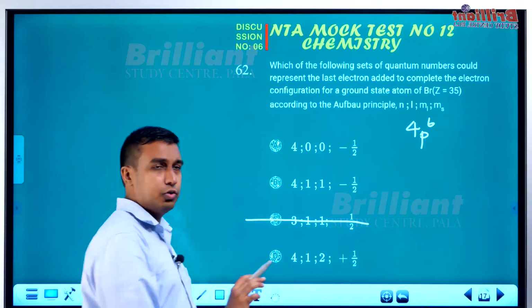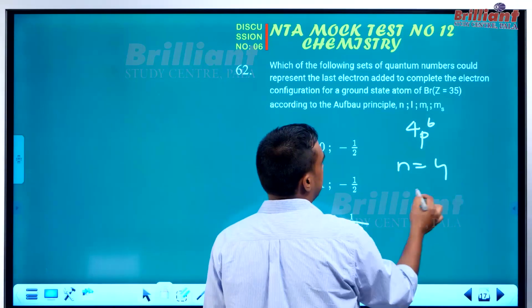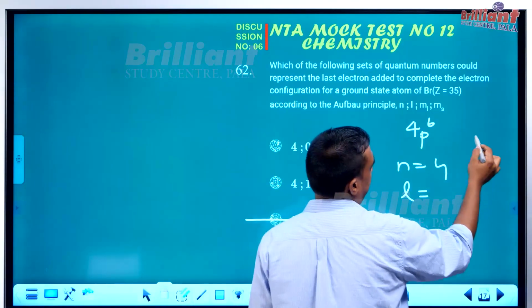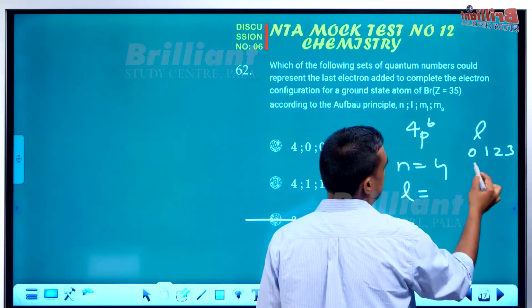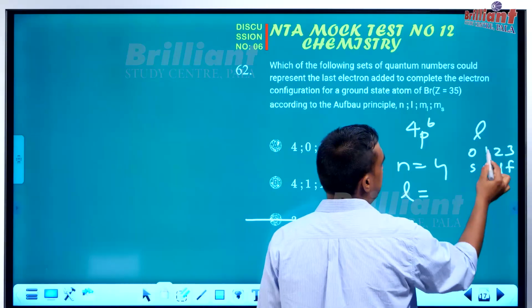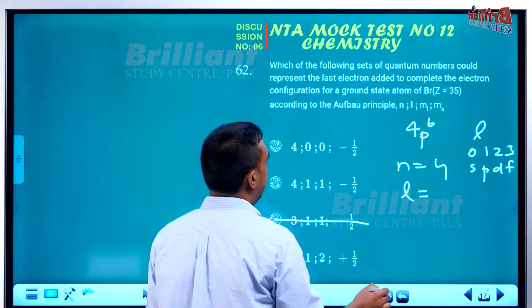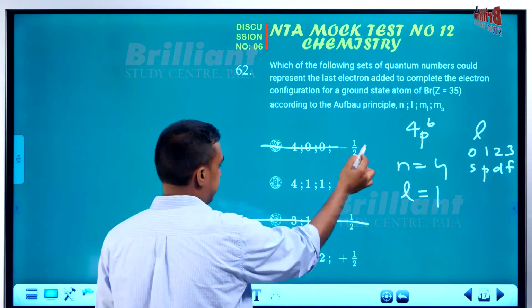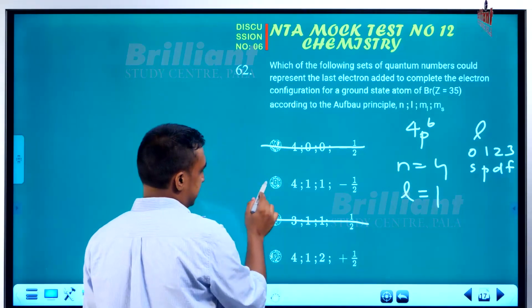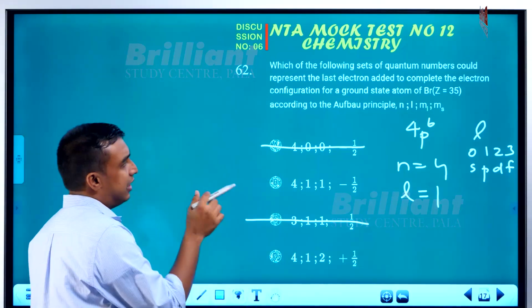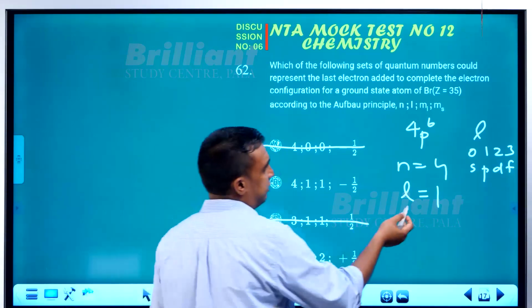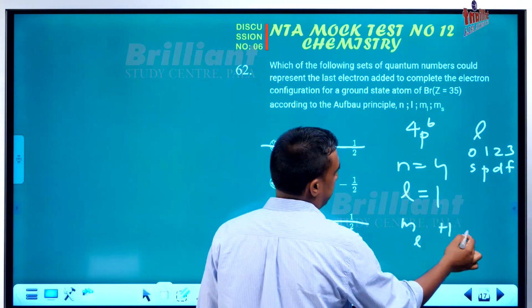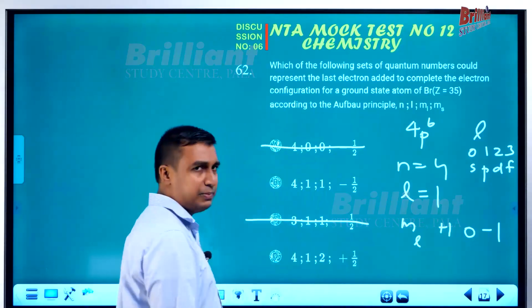So from this I know n has to be 4. L has to be, you know that when n is equal to 4, l can have values 0, 1, 2, 3, s, p, d, f. So 1 corresponds to p. So if it is p, l has to be 1. So I have two possibilities, either it is B or it is D. Now the magnetic quantum number: if l is equal to 1, then the possible values for ml are +1, 0, -1, px, py, pz.